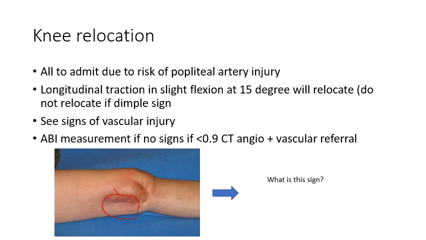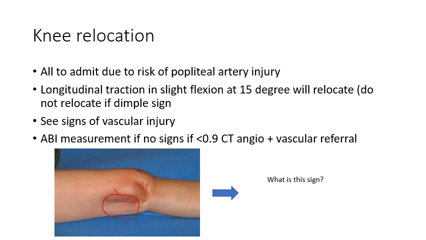Okay. Now, let's assume you have a posterior knee dislocation without a dimple sign. You have reduced it by this method. You are still going to admit that patient for observation. After relocation, if you have neurovascular compromise, immediately you're going to refer to the ortho and vascular surgery.